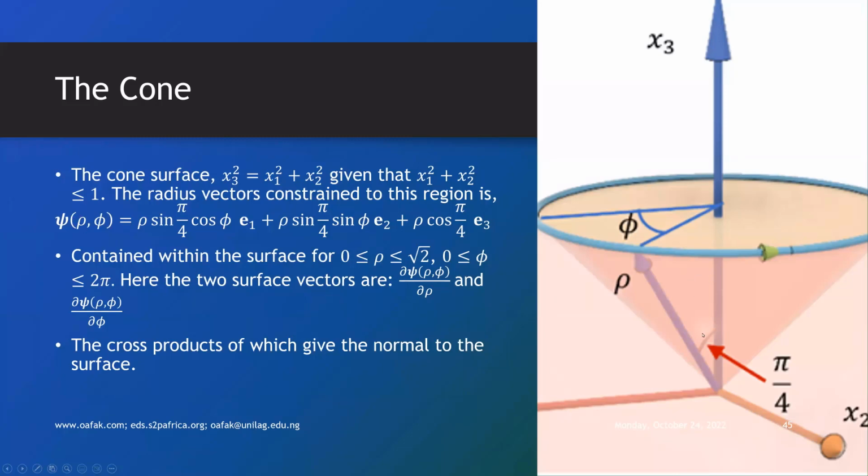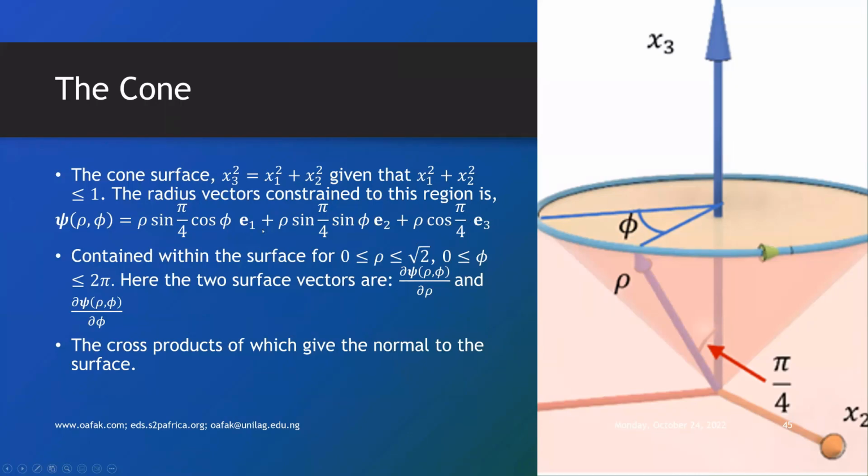So in this region, on this cone surface, you have rho and phi as the variables. The theta is constant at pi over 4.